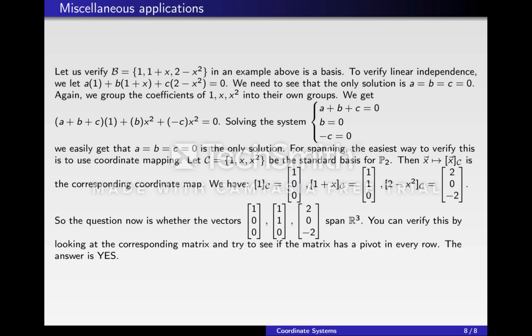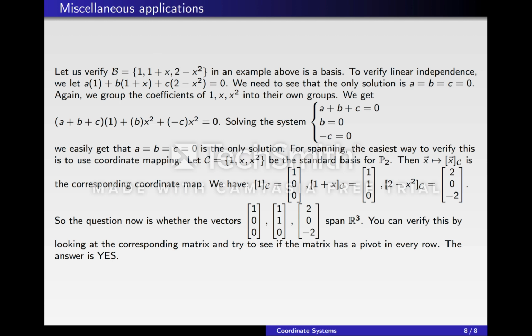Again, we group the coefficients that go with 1, with x, and with x squared into their own groups. So we get A plus B plus C times the 1 polynomial plus B times x. Yeah, there's a typo there. It should be B times x instead of B times x squared, plus minus C times x squared equals 0.